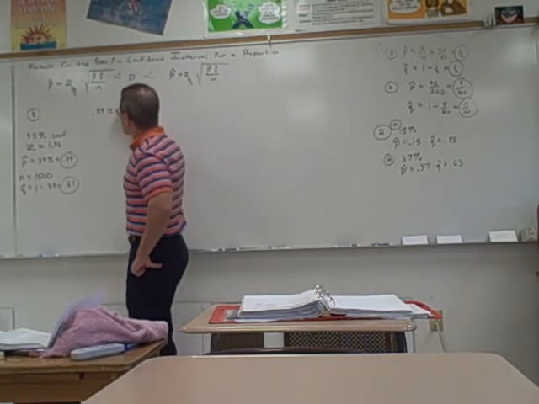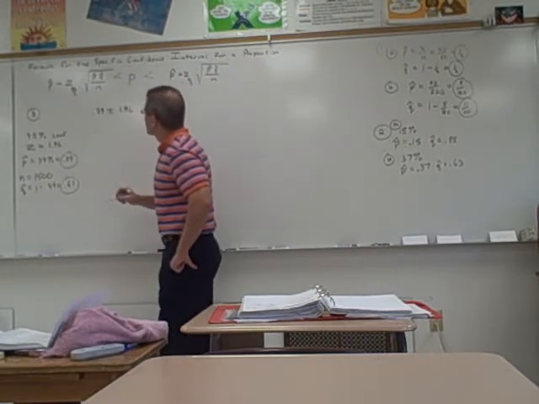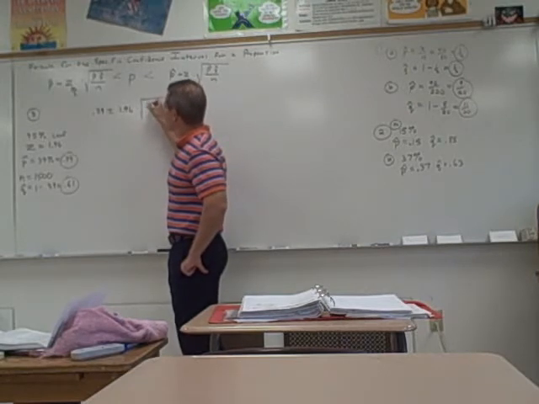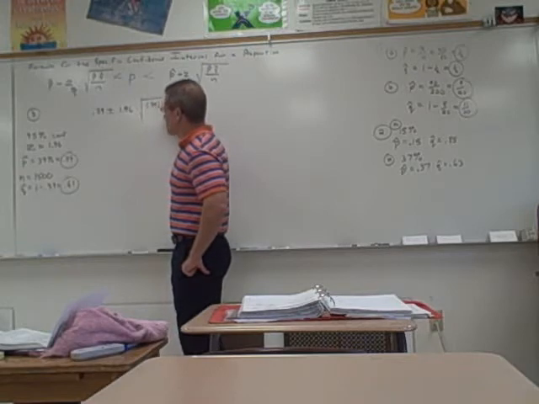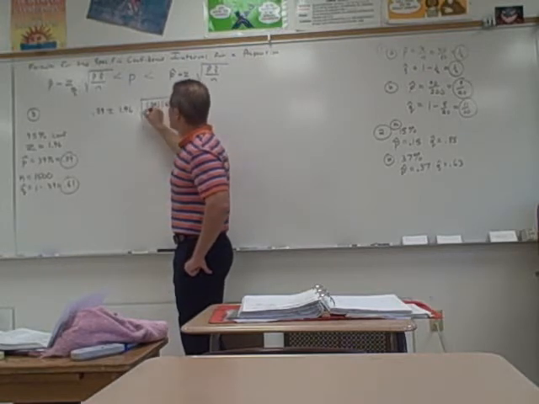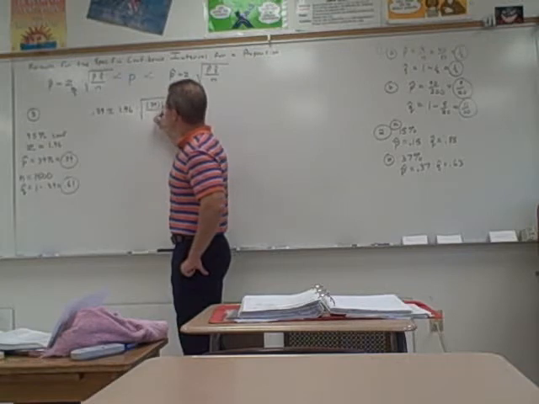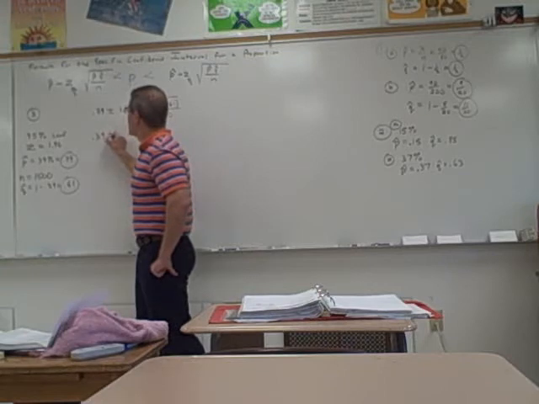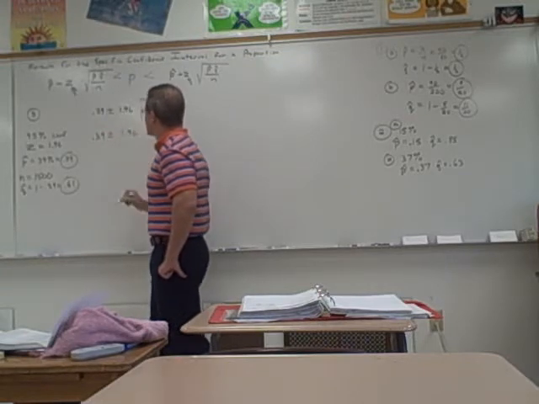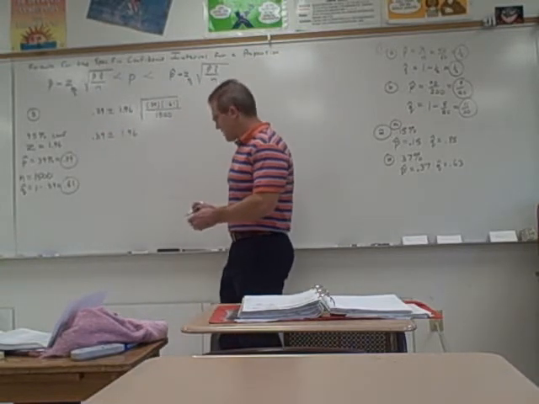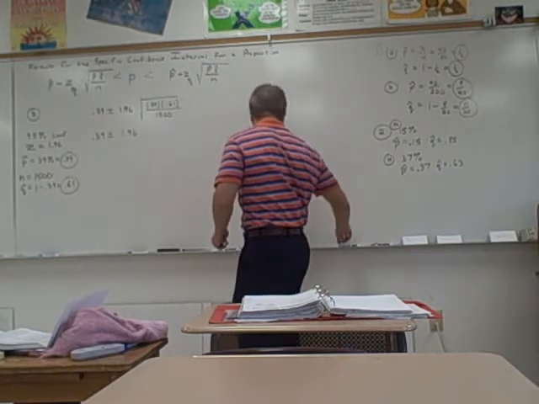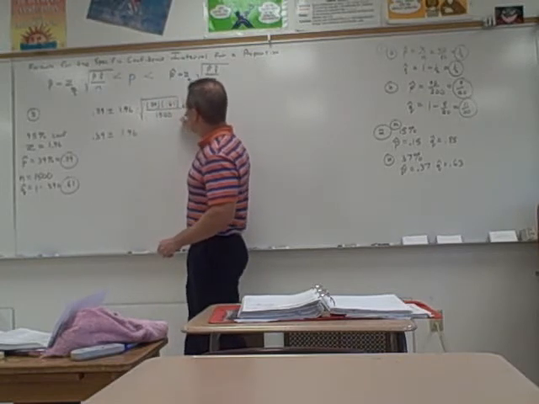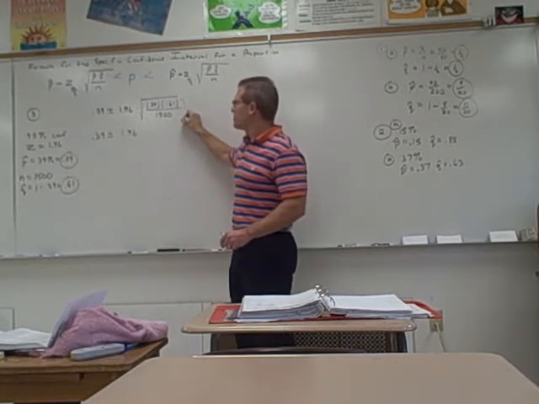Then my z-score, which is 1.96, multiplied by the square root of p hat times q hat, so that's 0.39 times 0.61, divided by n, which is 1,500. On your calculator, make sure that you put parentheses around this entire thing so the calculator knows you're taking the square root of all of that.